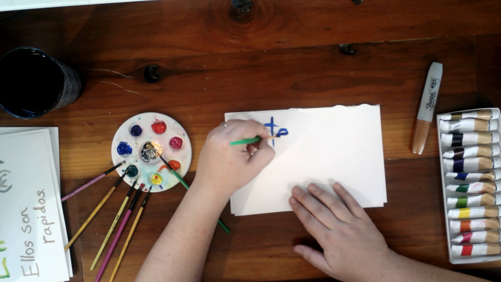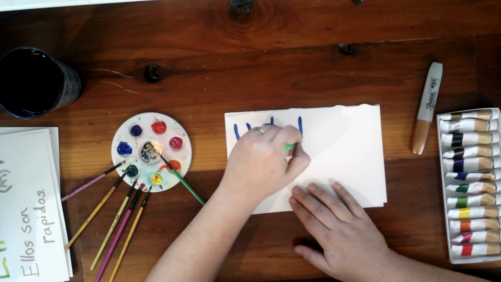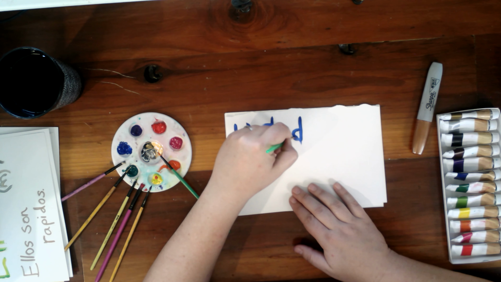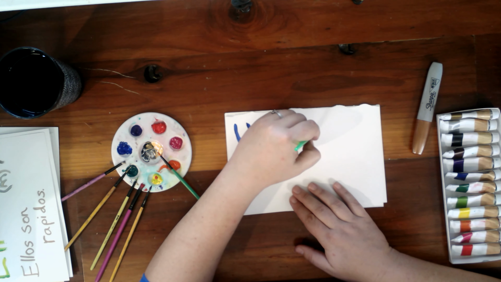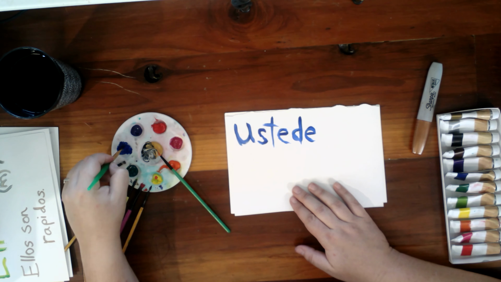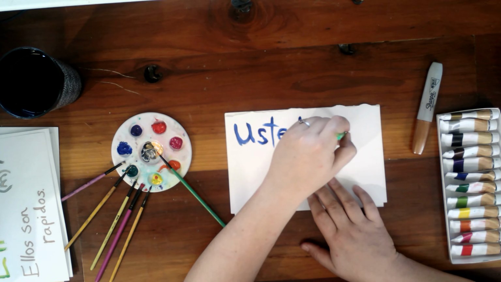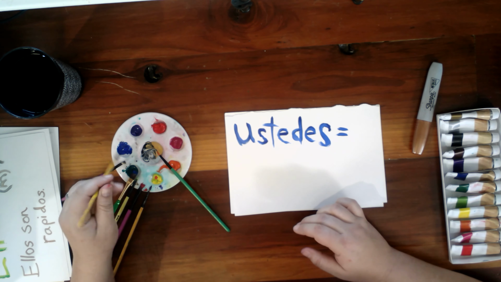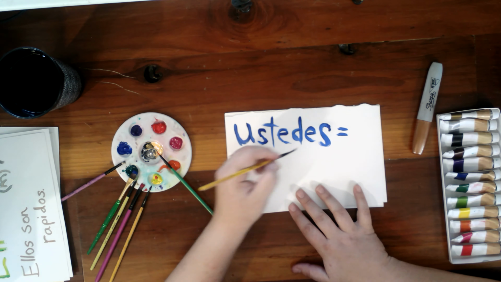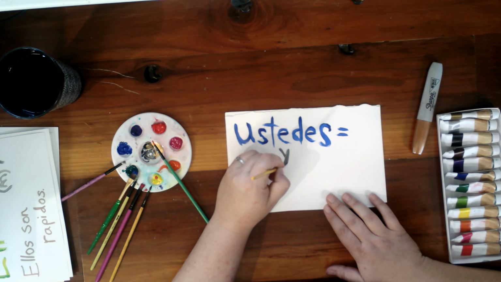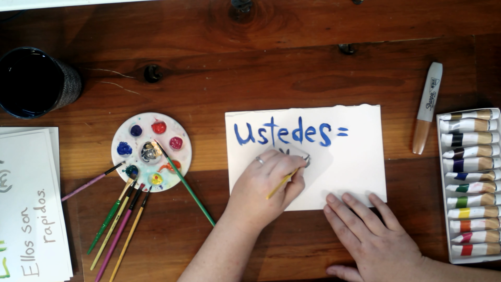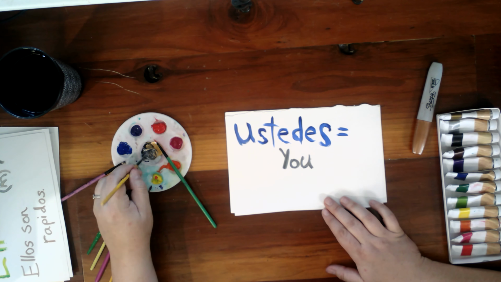Now, here is our last form of you in Spanish. This is the you plural, where we say ustedes. And this basically means you all, like all of you. So we could say like you guys, or you as a group.